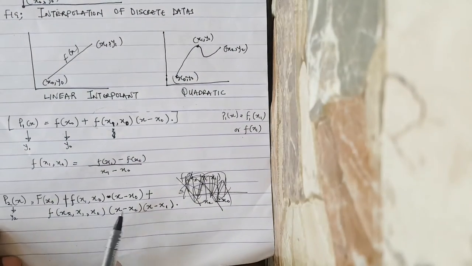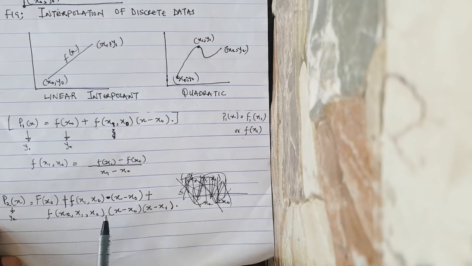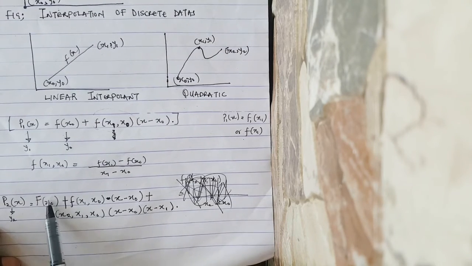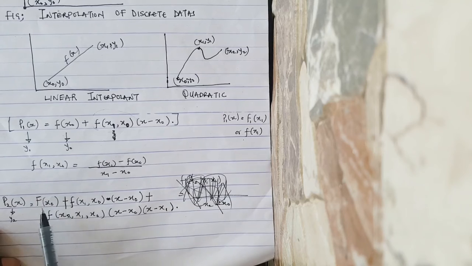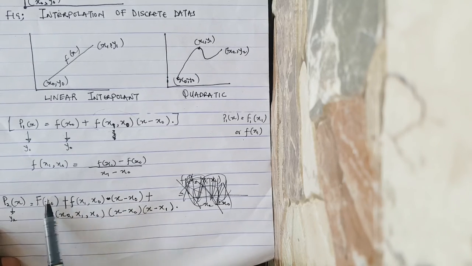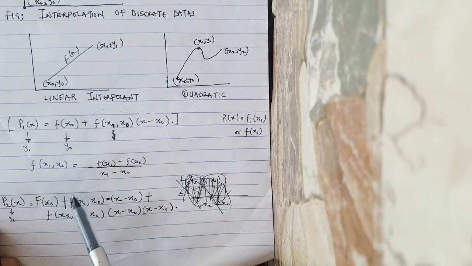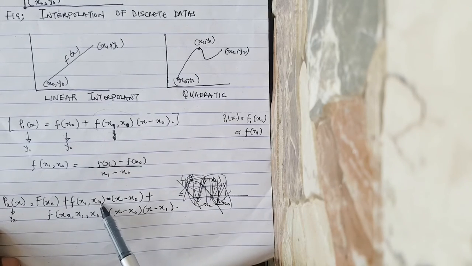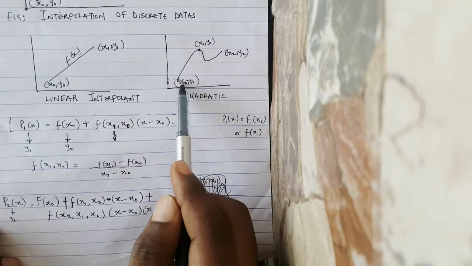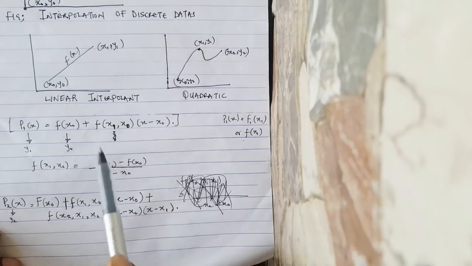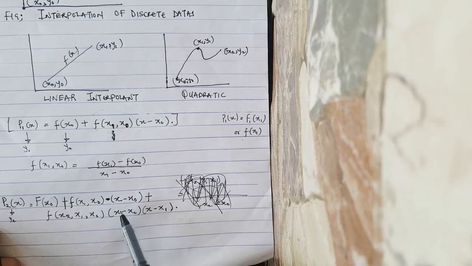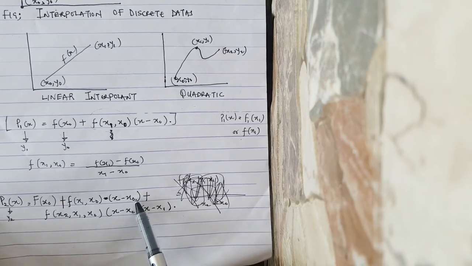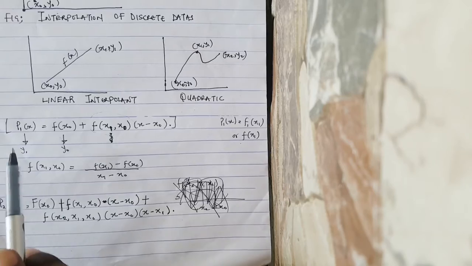So this is the formula. Don't get it twisted. Remember, this is your y0, and the whole of this is your y1. This f of x0, like I said, is your y0, plus f of x1, x0, that is from x0 to x1, into bracket x minus x0. And this one is x minus x0 because it is one data point, that is P1.